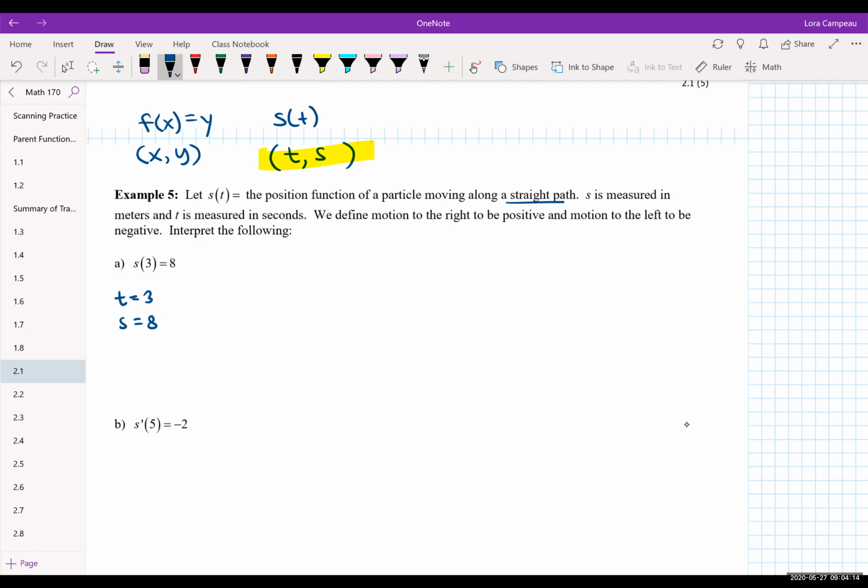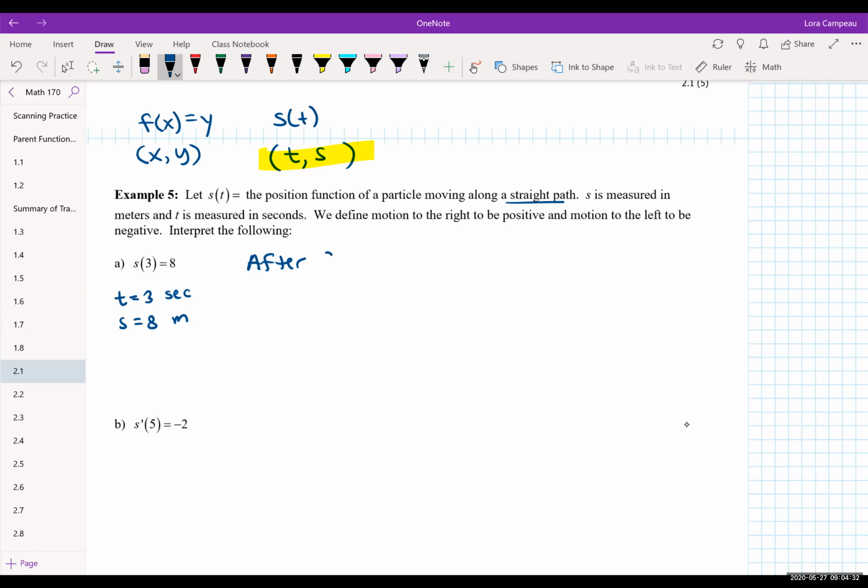And if it helps you, you can write the units: t is in seconds, S is in meters. So we might say, after 3 seconds, well, I'll write something there because a little bit of physics might come in.